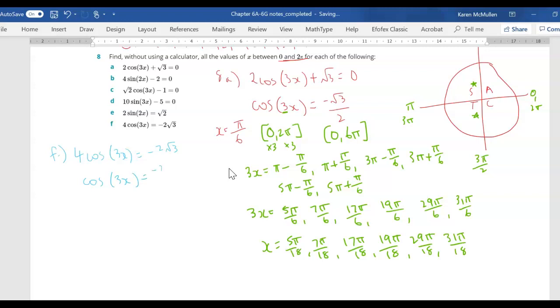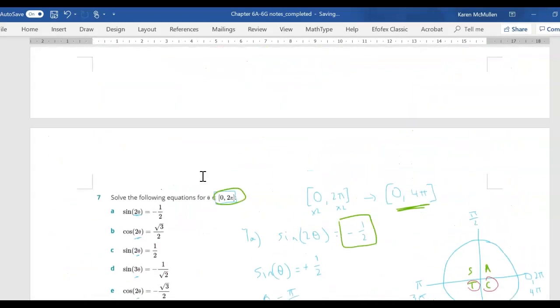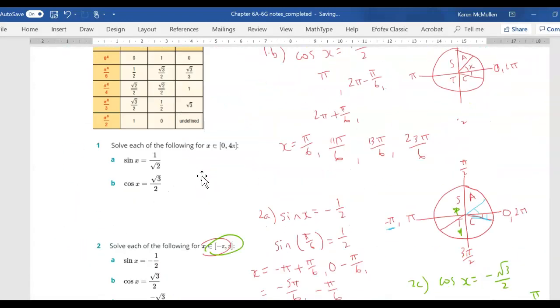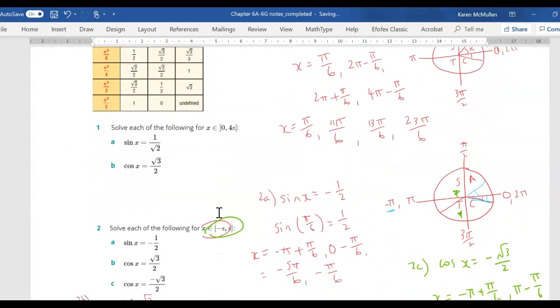So that's going to be negative 2 root 3 on 4, which gives us negative root 3 on 2. So our angle, root 3 on 2, I think it's pi on 6. I'm starting to learn them. Pi on 6.